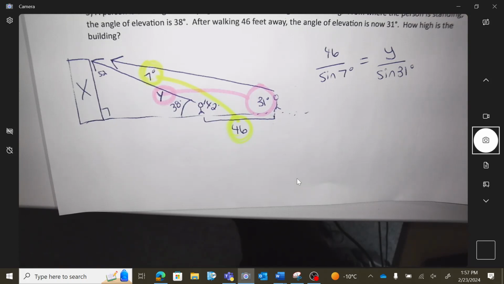So we have to find that middle side first, and I'm going to call it Y, something different. Times divide.